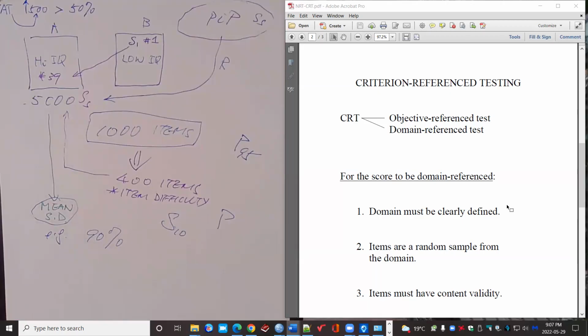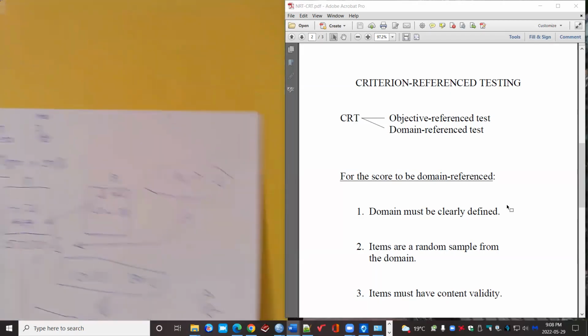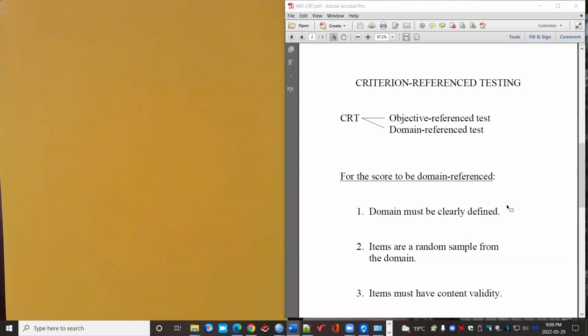Otherwise, the meaning of a CRT score is rather meaningless. Right? Okay, so let me give you an example.